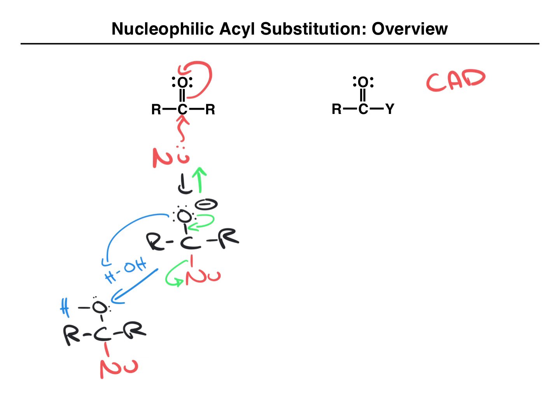Keep in mind that one of the features of carboxylic acid derivatives is that they have a Y group that is capable of stabilizing a negative charge. So when a nucleophile adds, it can also add to the carbonyl carbon, pushing these electrons up onto the oxygen, giving an intermediate that looks like this.